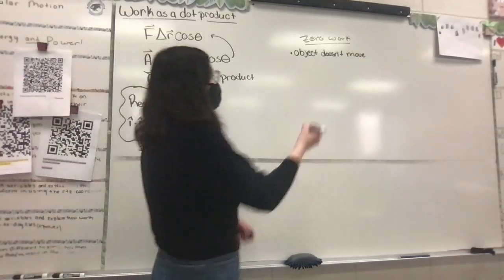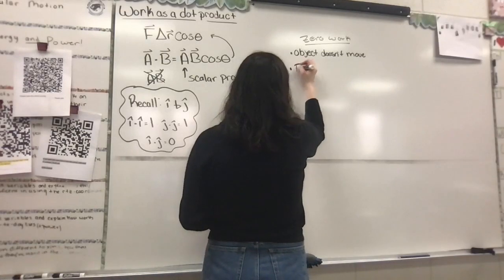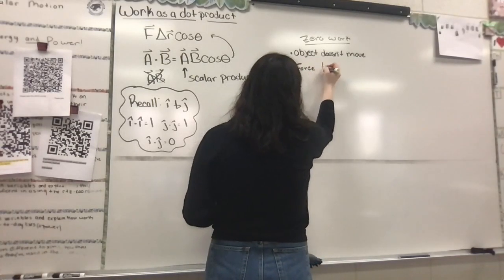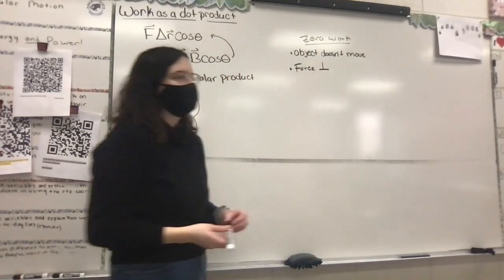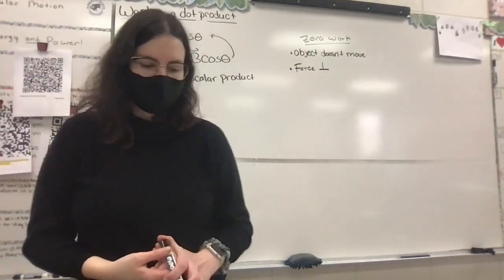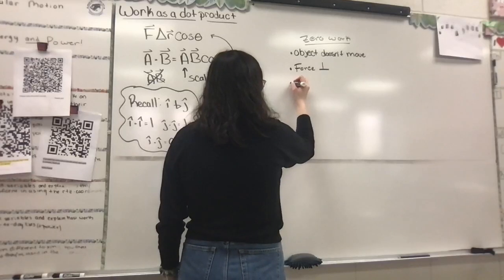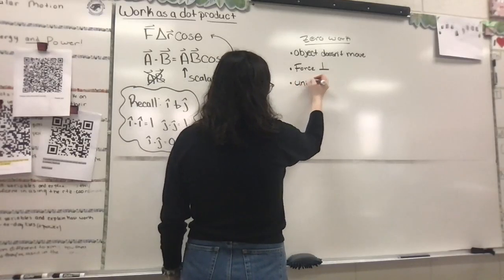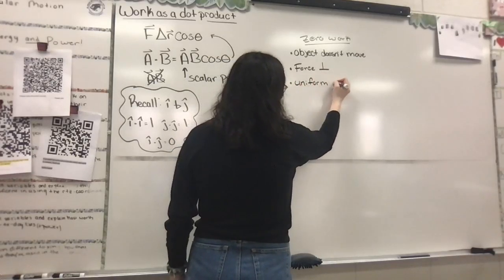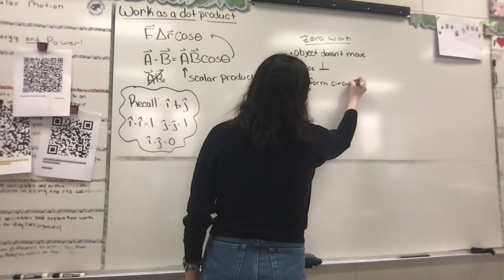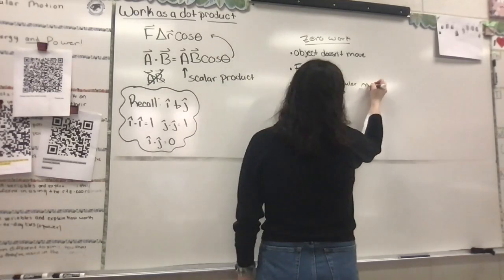Okay, the next one is one that we just saw today, which is when the force is perpendicular. The third one is one of your guys' favorite things: uniform circular motion.